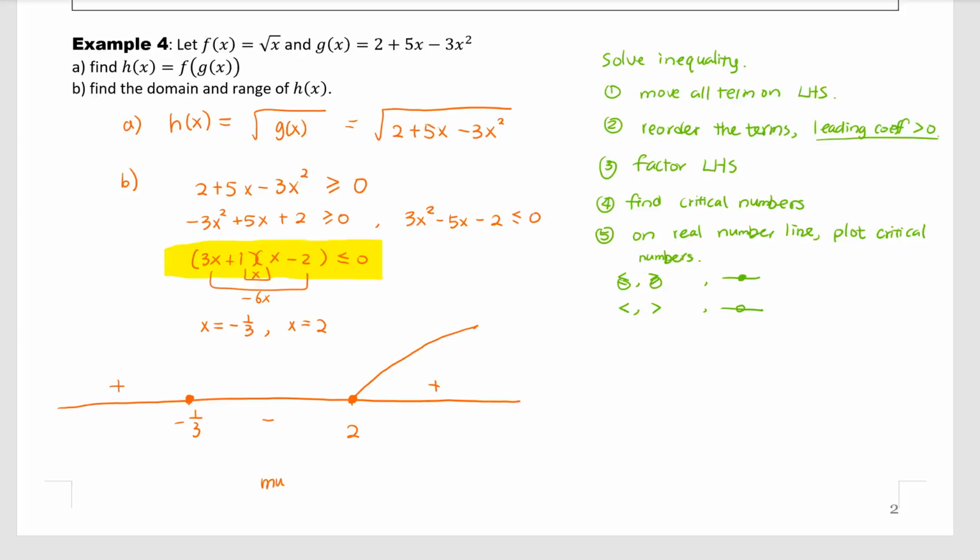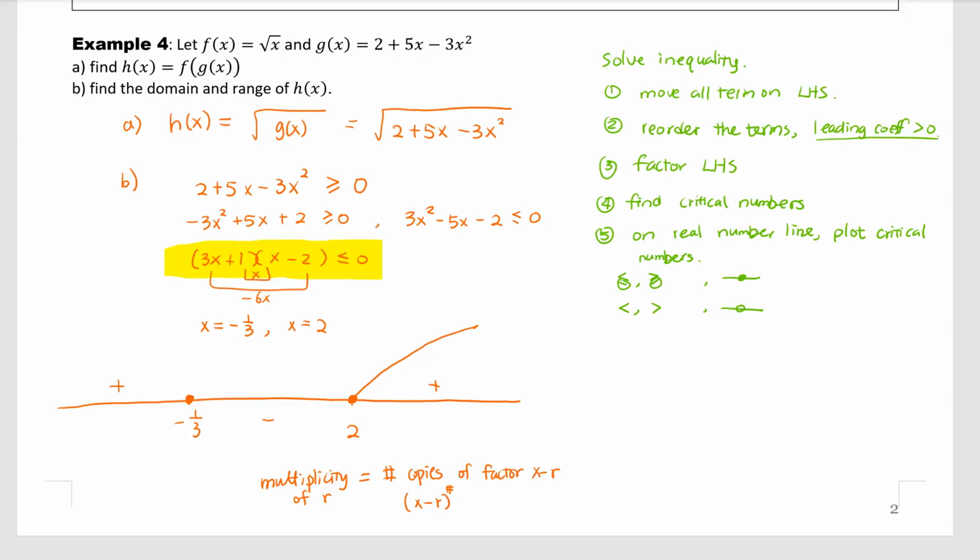So multiplicity is the number of copies. So let's say the multiplicity of the root r is the number of copies of the factor x minus r.